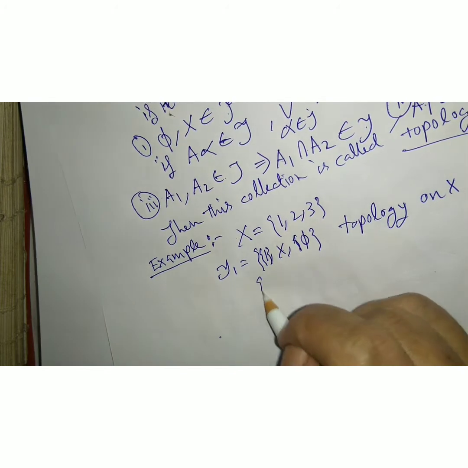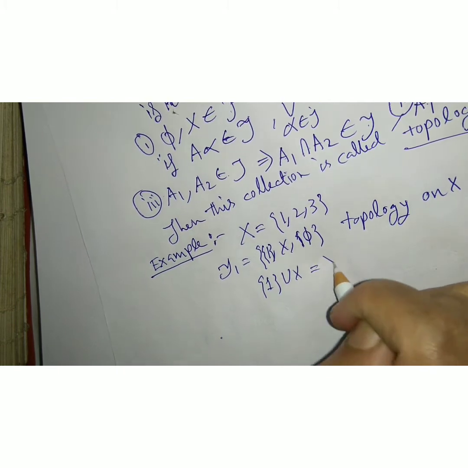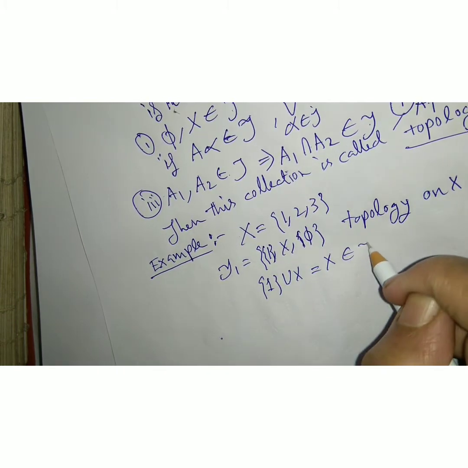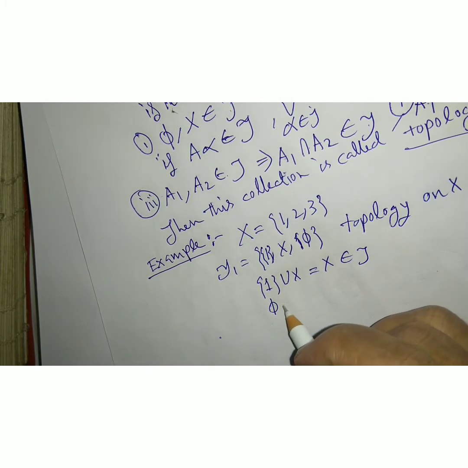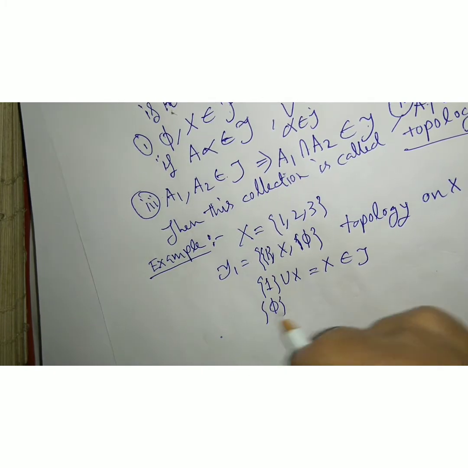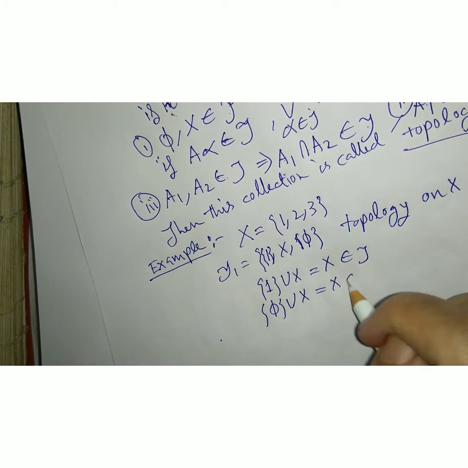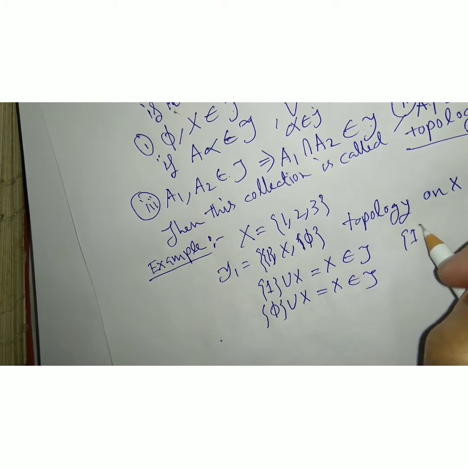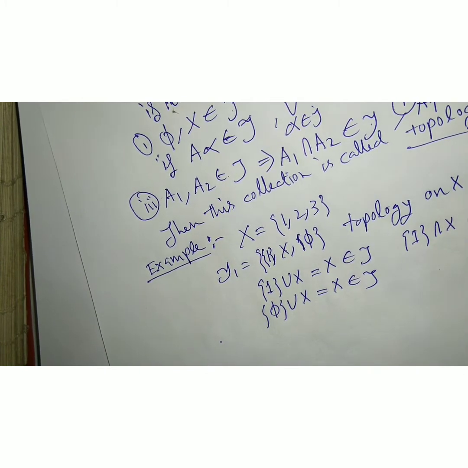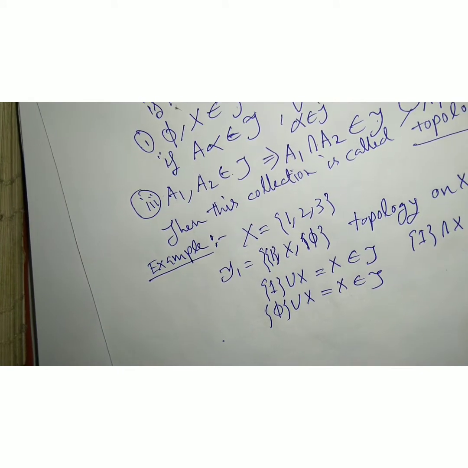Because 1 union X equals X, which belongs to tau. Phi union X equals X belongs to tau, and 1 intersection X equals 1 belongs to tau.